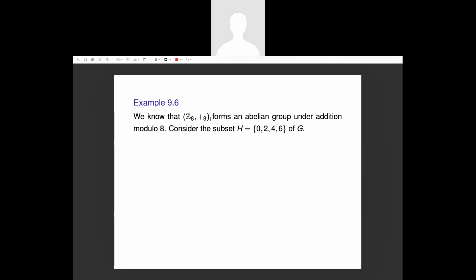Now let us try an example. We know that Z_8 forms an abelian group under addition modulo 8. Now we take H equal to {0, 2, 4, 6}.